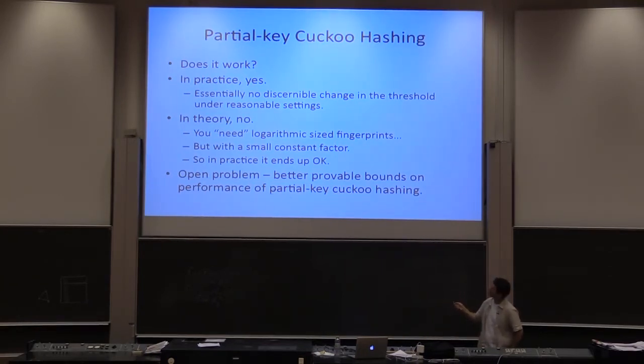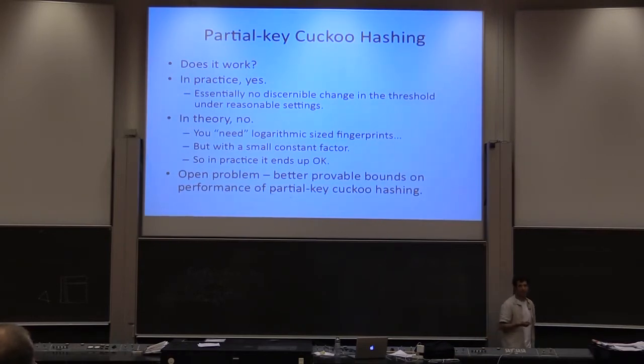What the theory will tell you is that you need logarithmic sized fingerprints. But the constant factor in front of the log depends on your bucket size. It turns out the constant factor you need is something like twice the bucket size. Remember, we were talking about a bucket size of 4.